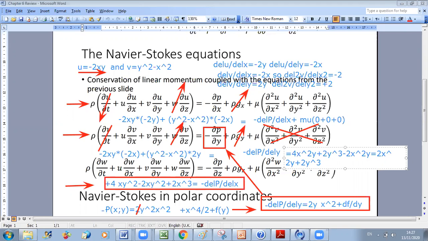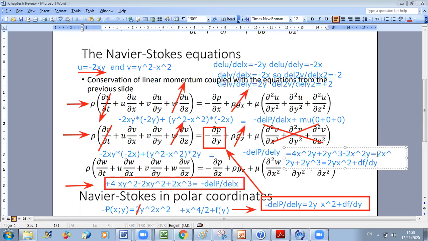Now if you compare with the other expression, by comparison it is equal to 2y x squared plus df by dy. Now look what will happen.